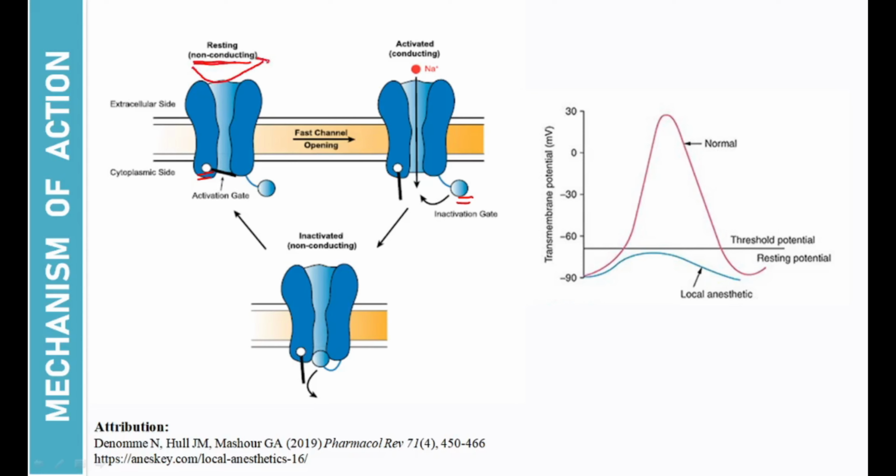That means sodium cannot come inside. Why? Because in the resting condition, the activation gate is closed, though the inactivation gate is open. Because one of the gates is closed, sodium cannot come inside.